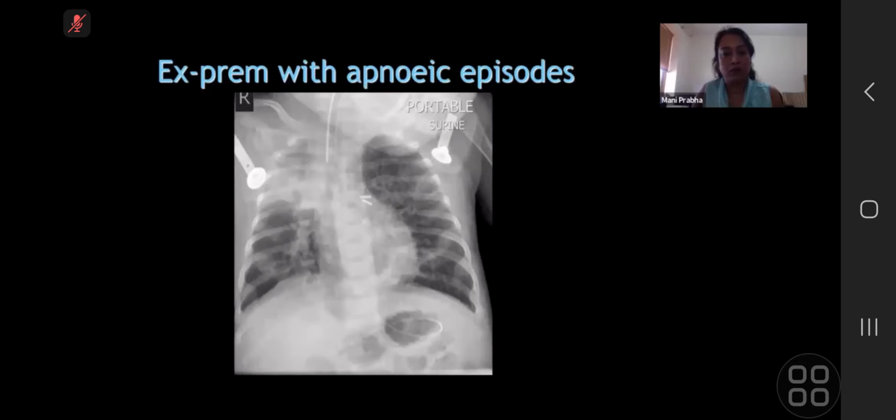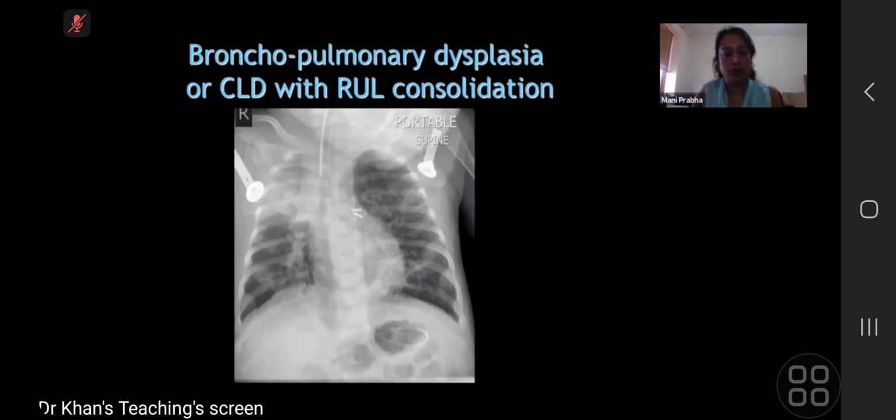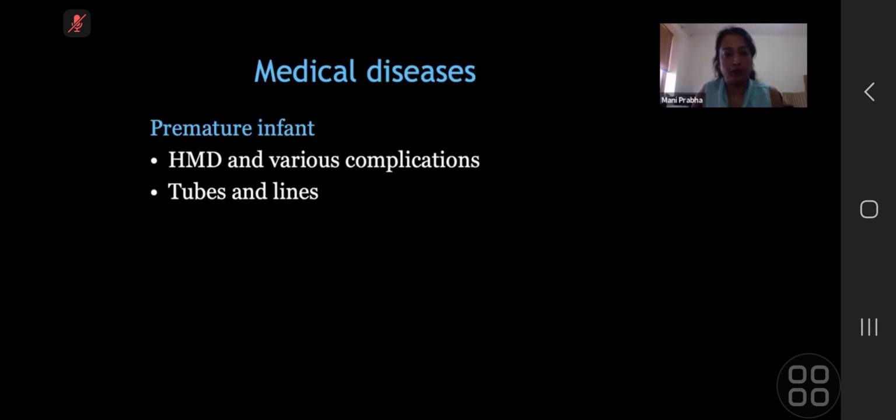The architecture of lung parenchyma is distorted, and they keep on having infections. They come with apneic episodes, infective episodes, all those things. So bronchopulmonary dysplasia or chronic lung disease with right upper lobe consolidation in this.